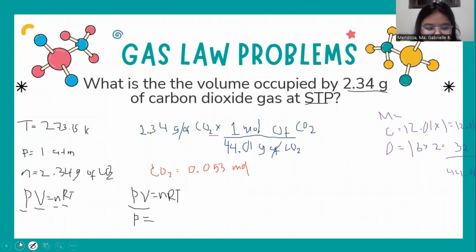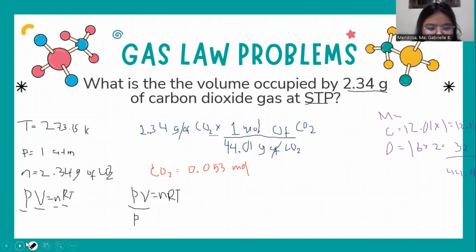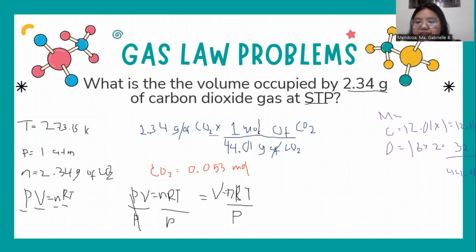Oops, wait, I made a mistake. Okay, divide both sides by P. Cancel this, so V is equal to nRT over P.